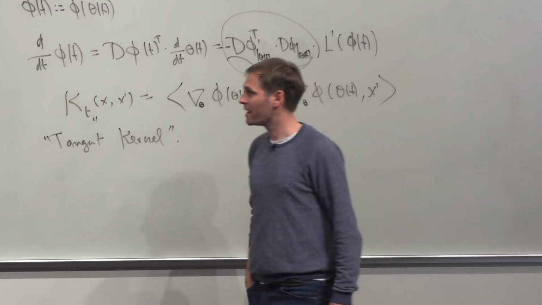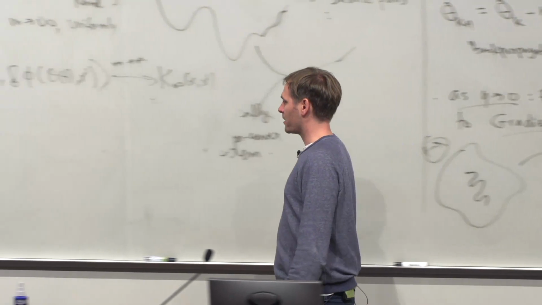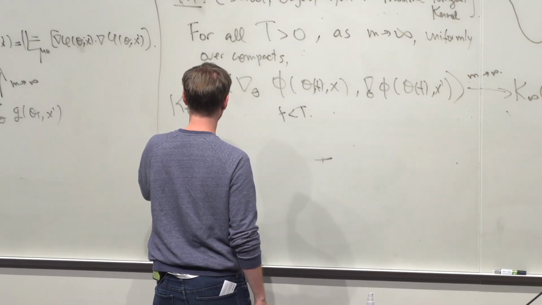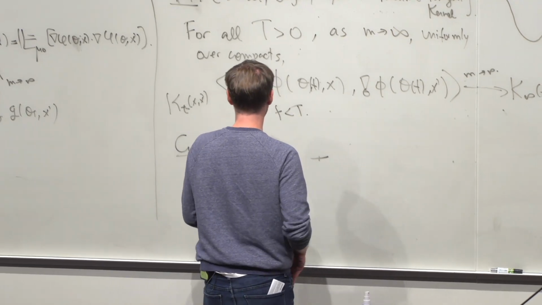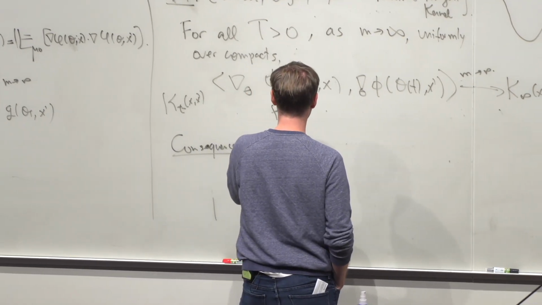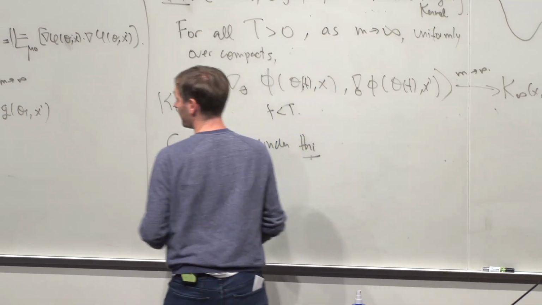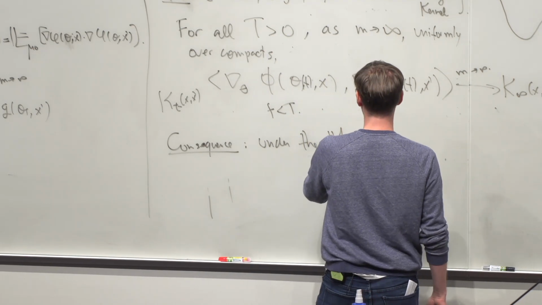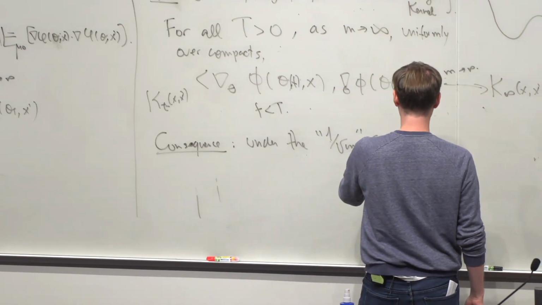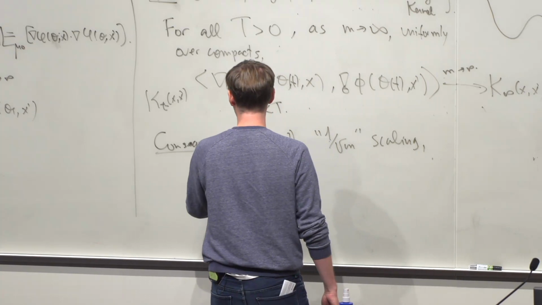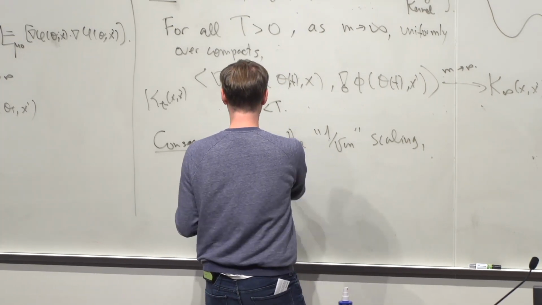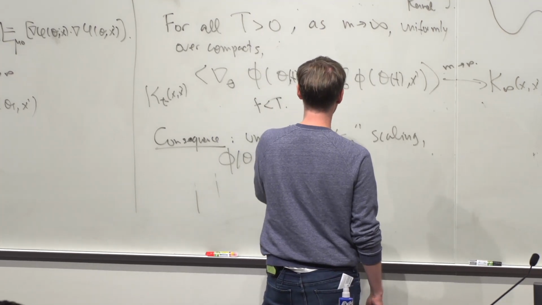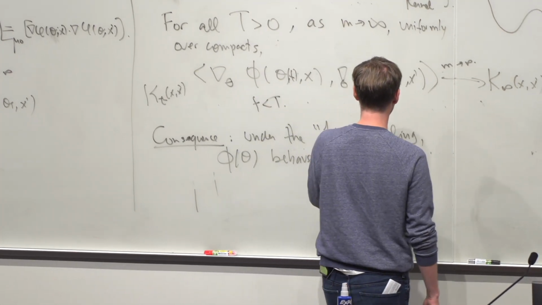So what this result is saying is that as a consequence, under what I call the 1 over square root of m scaling, phi of theta behaves like a linear model.